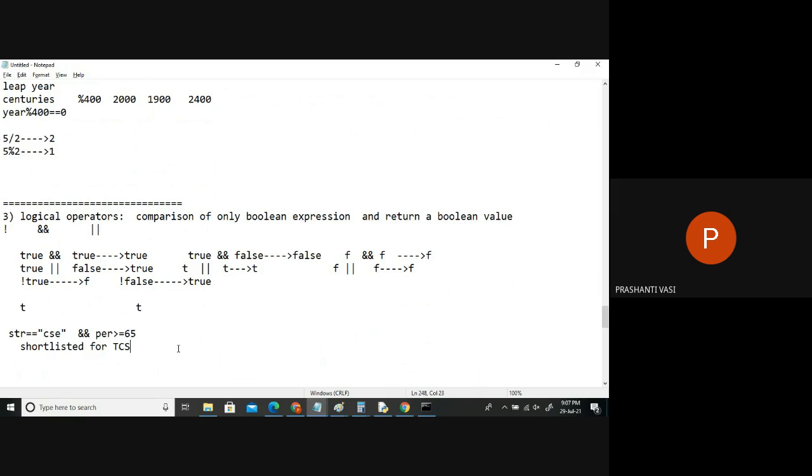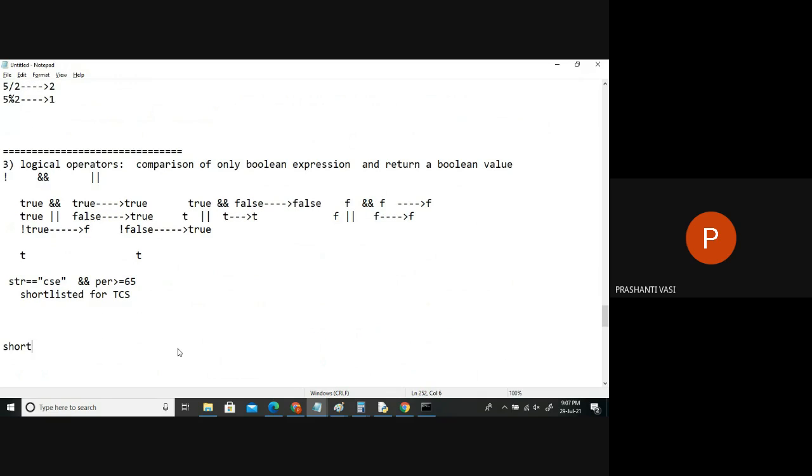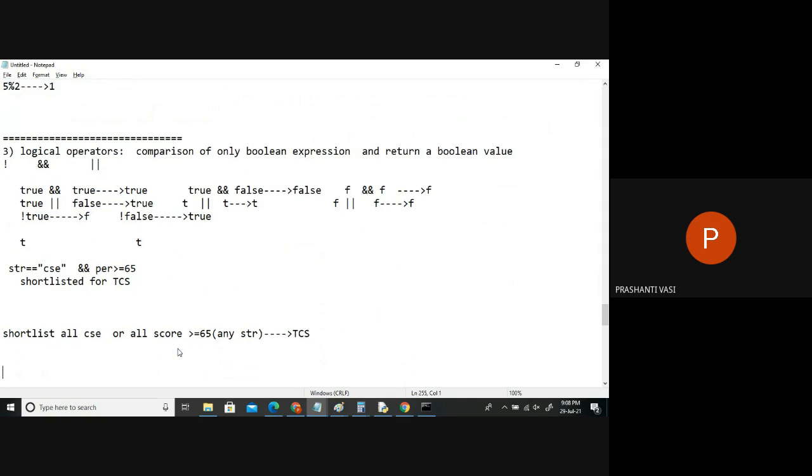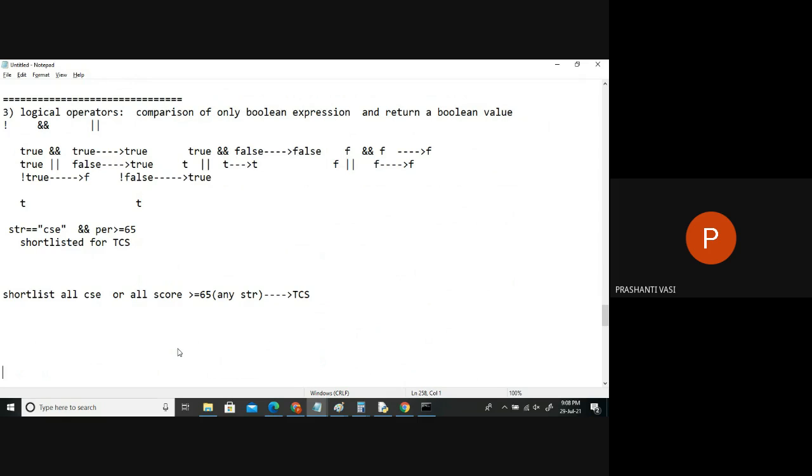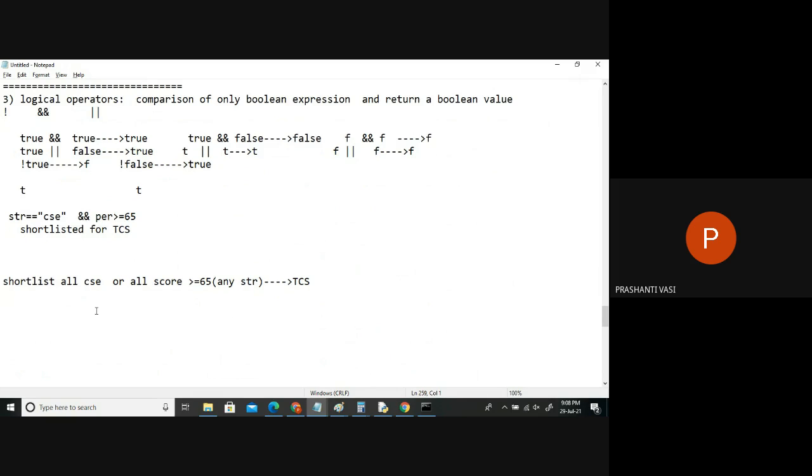Right? In the same way, if I say I want to shortlist all CSE students or all students from any stream whose score is more than or equal to 65, then they are shortlisted for TCS. So if this is the scenario, is it mandatory that we select only CSE with 65, or all CSE with any score, or all branches with 65 and above? Should every student be CSE right now?